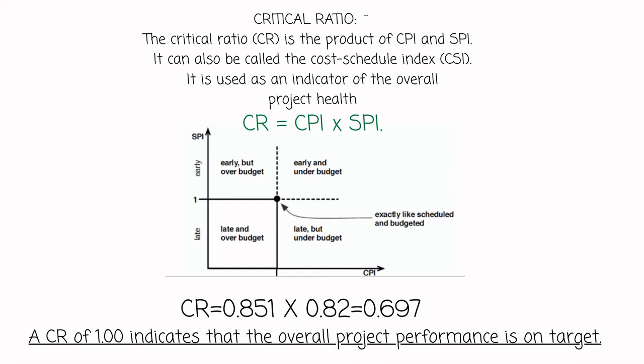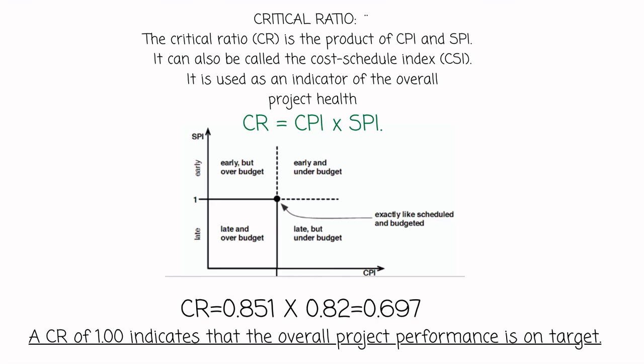A CR of 1.00, that is a critical ratio of 1, indicates that the overall project performance is on target. So the critical ratio is the product of CPI and SPI, and it is also known as the cost schedule index. So it can either be called the CR or a CSI, which shows the overall project health. So 0.697 indicates that my overall project is not on target.